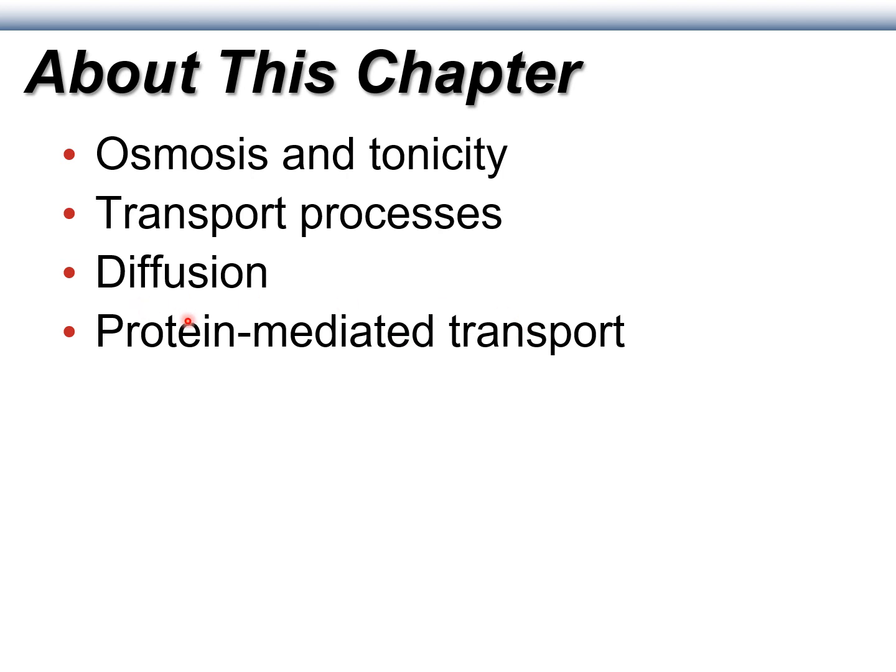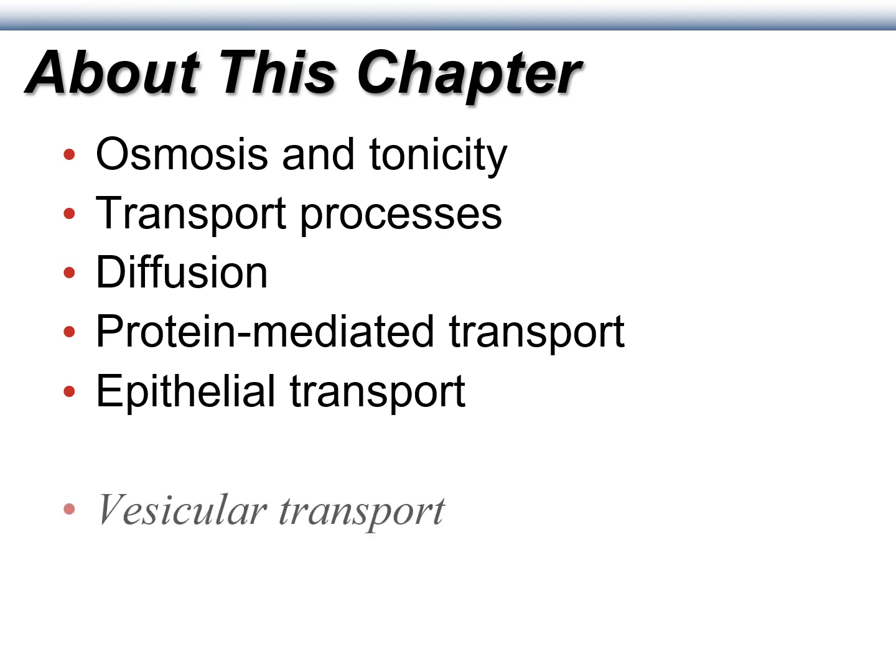Protein-mediated transport, that's what facilitated diffusion is, but active transport is also protein-mediated. Putting those together into a bigger picture, epithelial transport across an entire layer of one or more cells, transcellular transport, or perhaps paracellular. Vesicular, we're not going to talk about that much. So when you're reading it in your book, don't have to worry too much about vesicular transport.